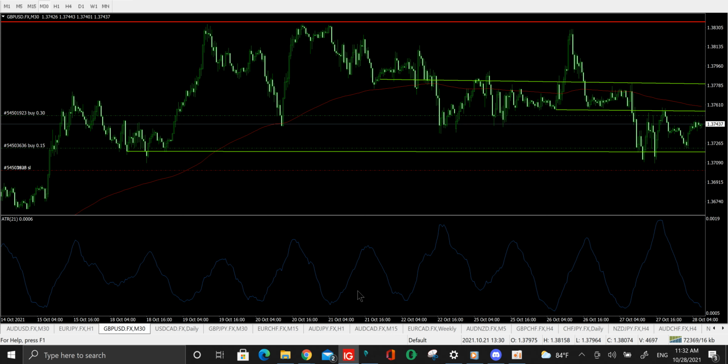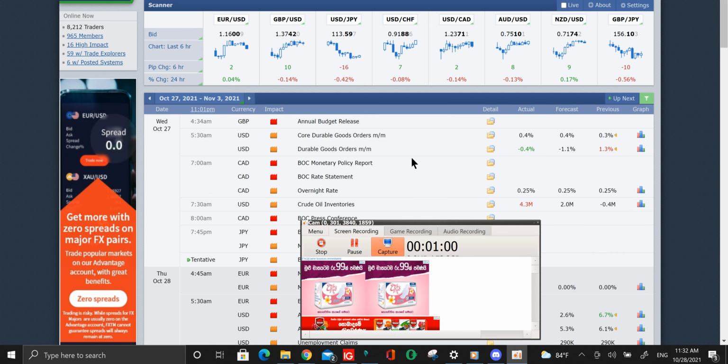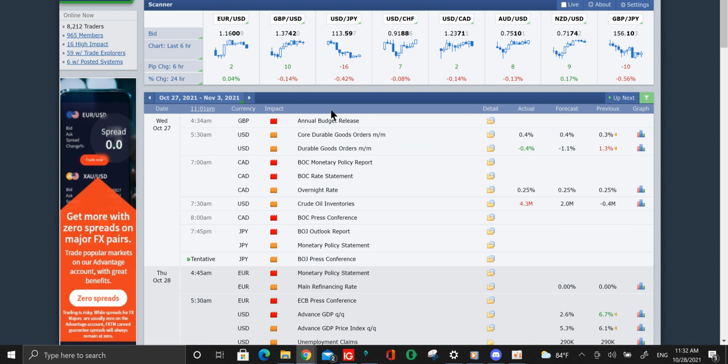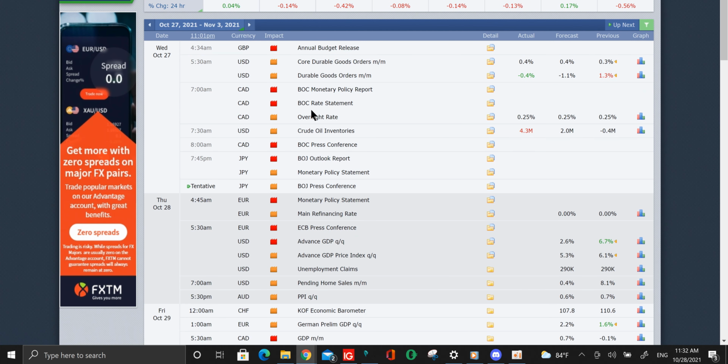Now, in the previous video, I had explained that I was waiting for the high impact news to subside before taking any type of trade in GBP. And here we can see the economic calendar from yesterday. We had a high impact GBP news. Regardless of wherever it went, it doesn't really matter.